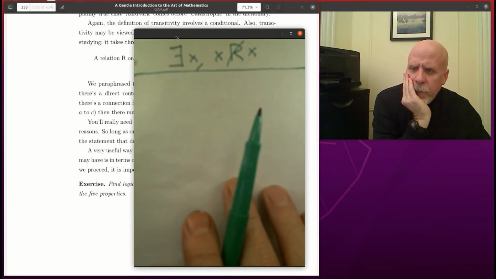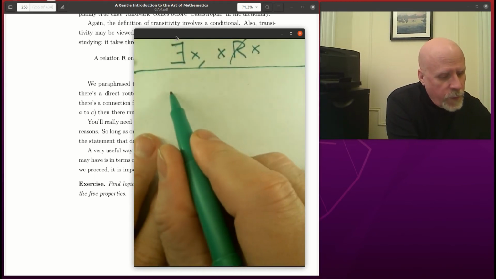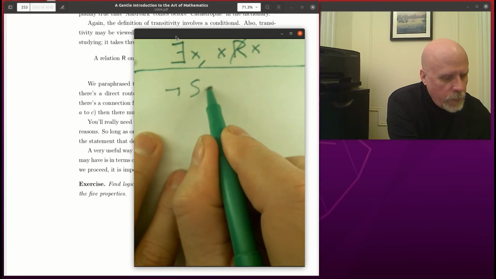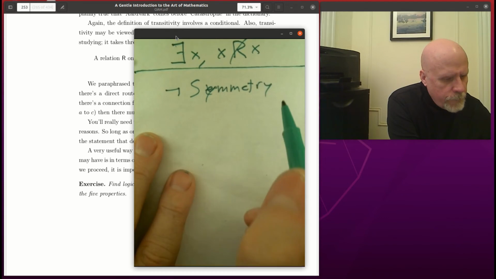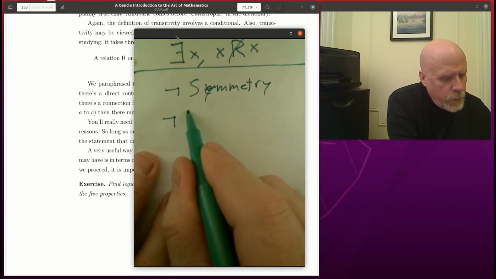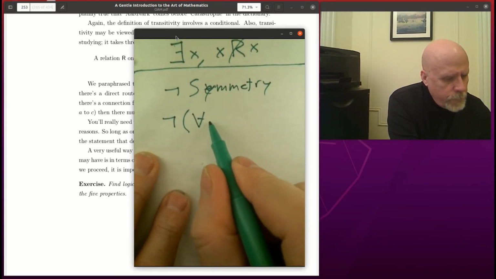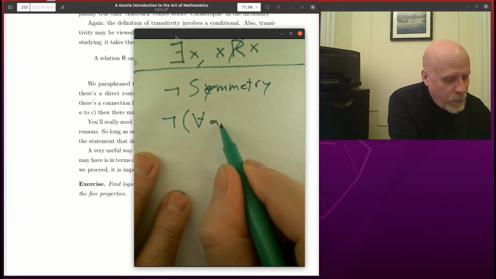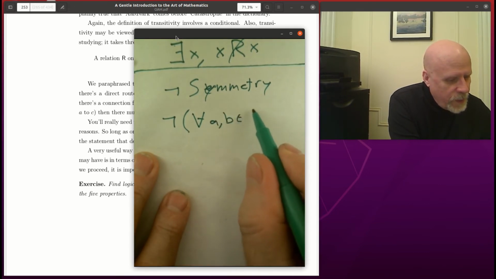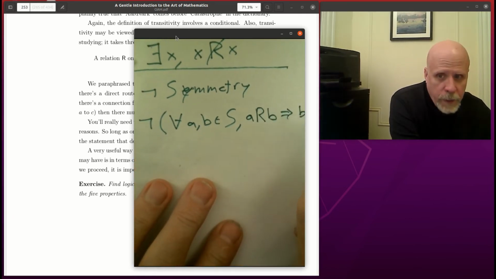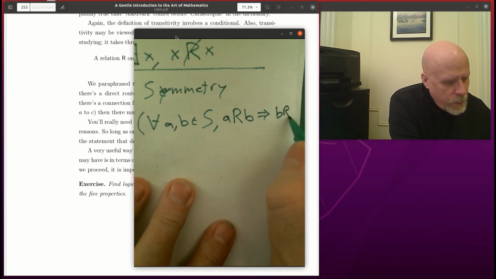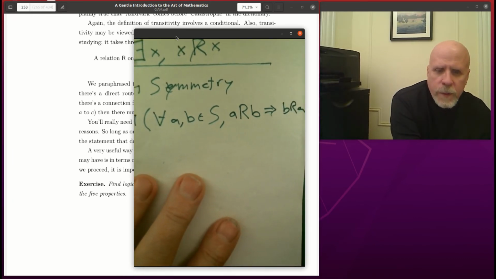What is the next property? Symmetry. So let's figure out what not symmetric looks like. That's the negation of for all. Let's return to the proper letters A and B in our set. What did it say? If A is related to B, then B is related to A. Sorry, that's a little bit tight.